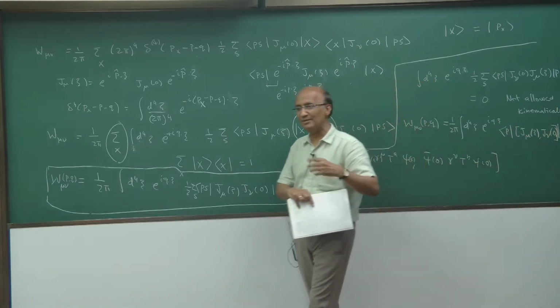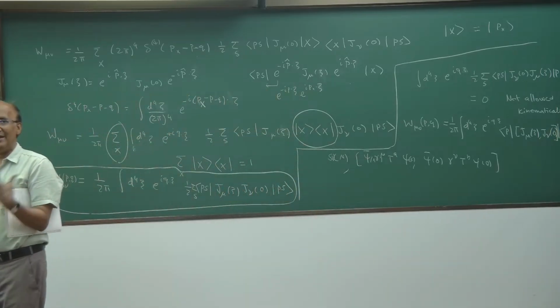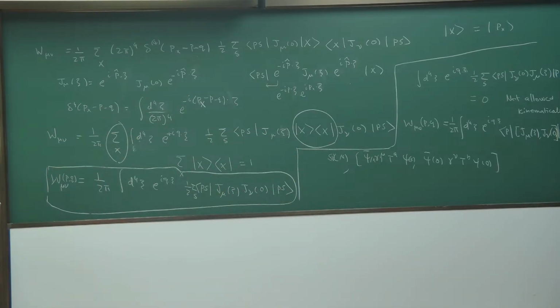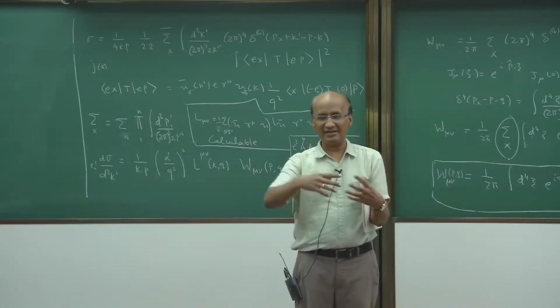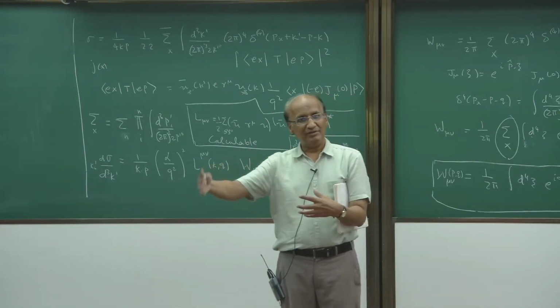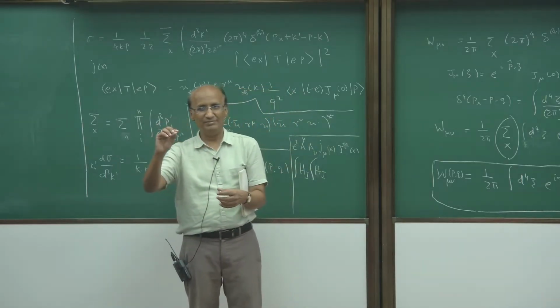This goes by the name current algebra. That means even if I don't know anything about dynamics, I can talk about how the currents satisfy a certain algebra. Algebra means the commutator of these currents can be written in terms of currents themselves actually. Is this clear roughly?